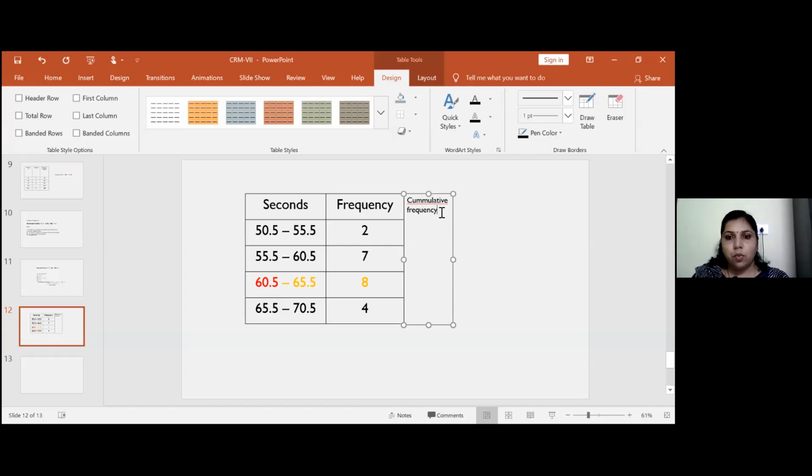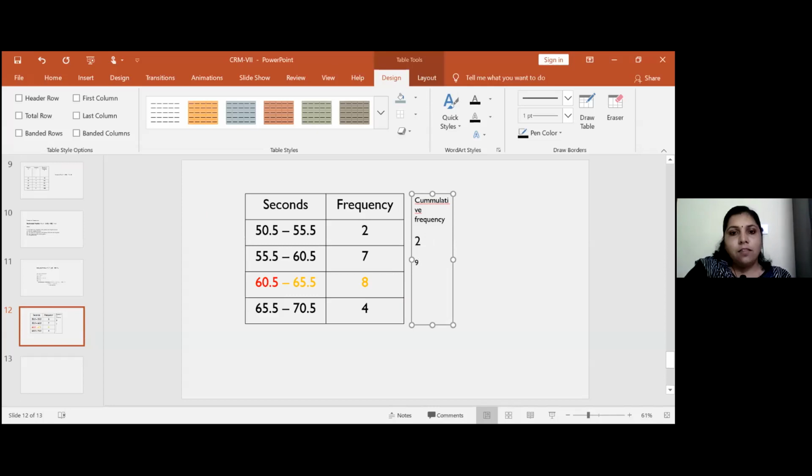For 2, it is 2. Any value up to 55 is 2. Next, for 55 to 60, it is 2 plus 7, 9. Okay, 9 is the answer.